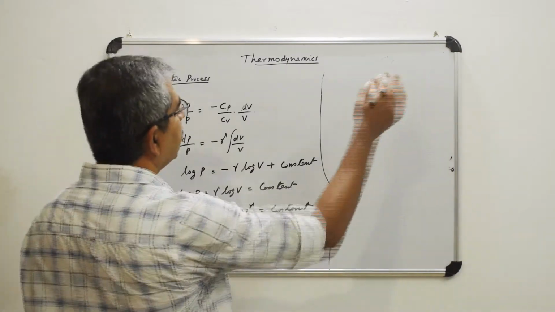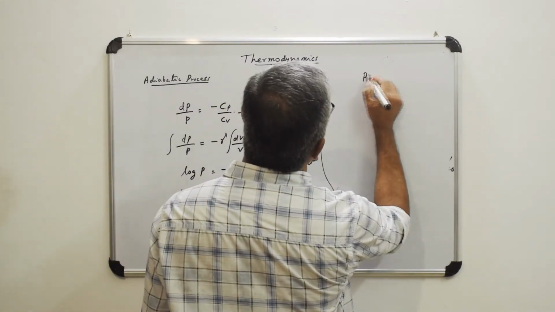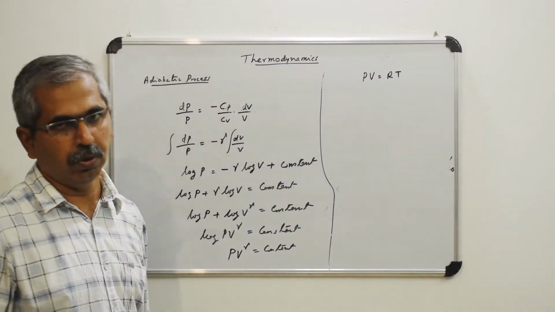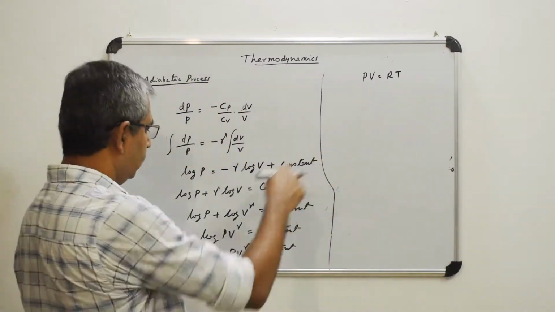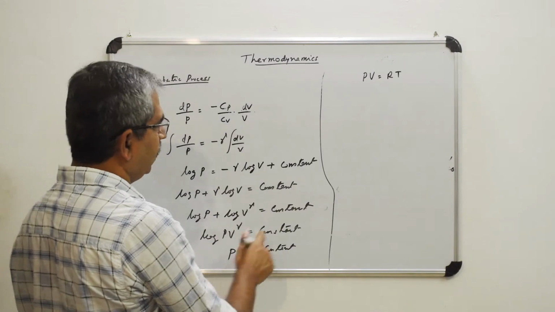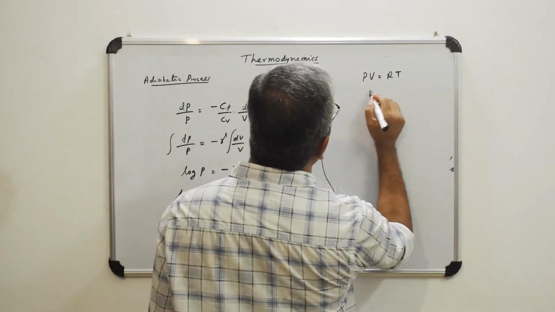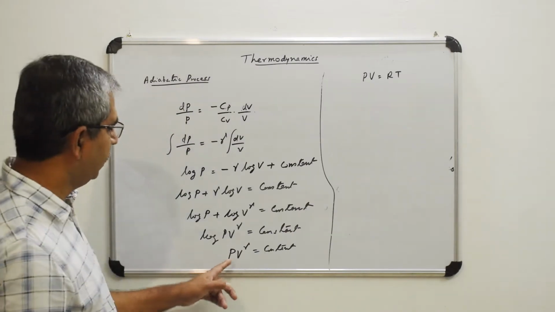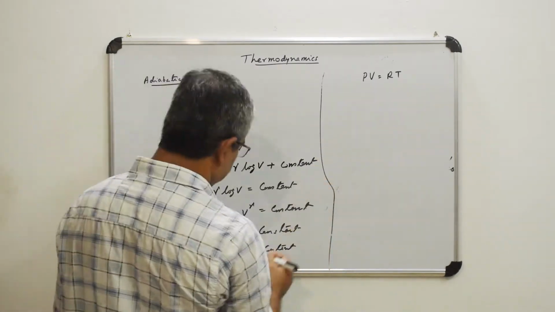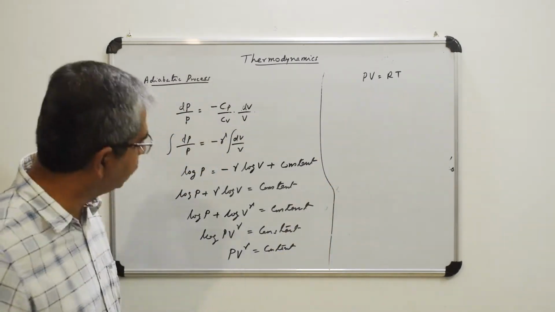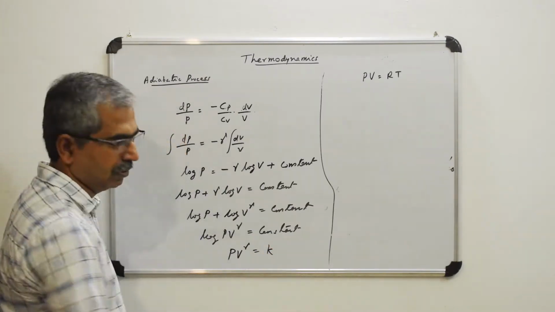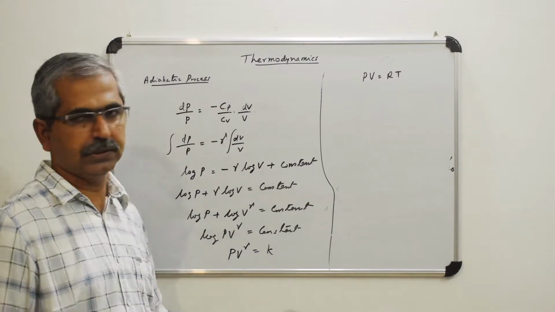Now we have the equation PV equal to RT for 1 mole of a gas.